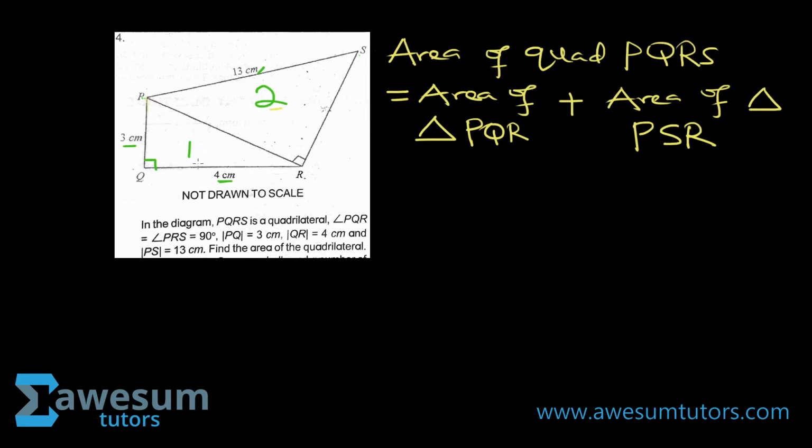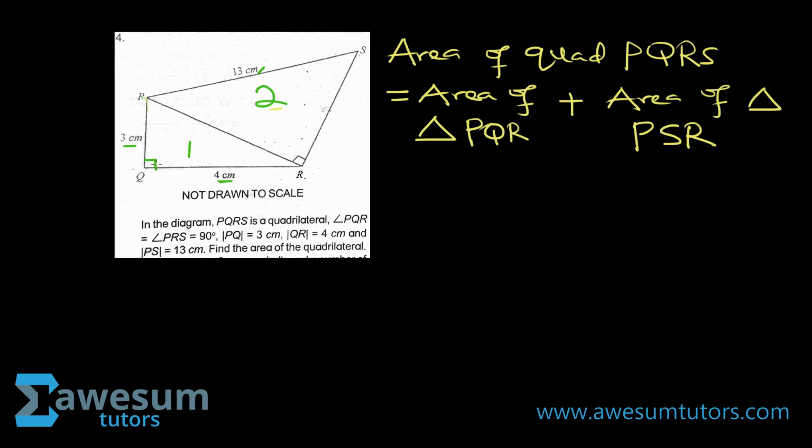So I have two triangles. Very good. So for me to find the area of the quadrilateral, I have divided it into the area of triangle PQR and PSR. And one thing you also need to remember is the area of a triangle.